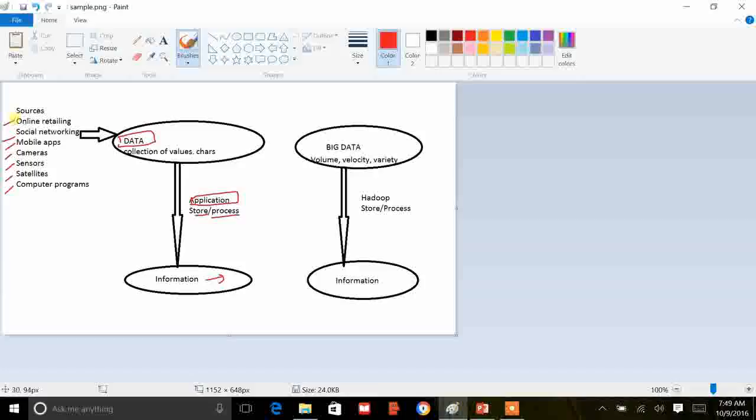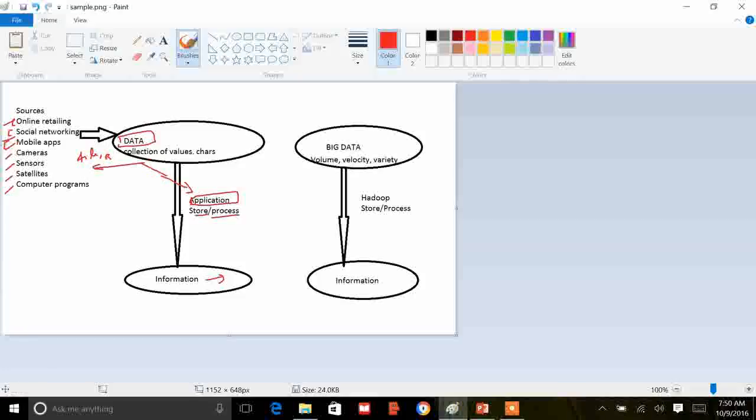But now if you look at sources like online retailing systems, social networking and mobiles, these sources evolved over the next 10-15 years. The applications, which directly interface with the data in these sources, were built around 10-15 years back and were able to process data like files and RDBMS, our old data sources.